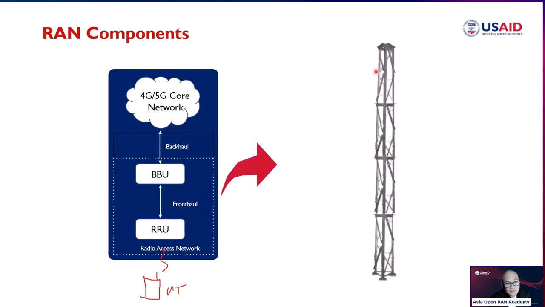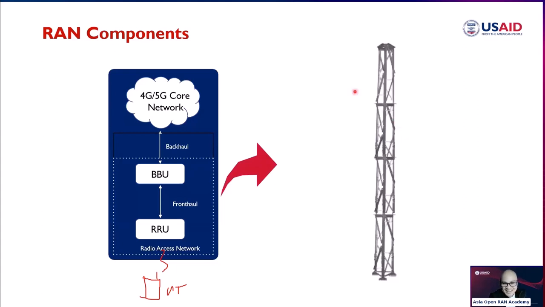If you talk to a civil engineer, they will tell you how strong the tower is in terms of the wind speed it can sustain. There are towers that can sustain around 200 kilometers per hour of wind. You can ask that of a civil engineer, meaning the towers are built by civil engineers, not ECEs.